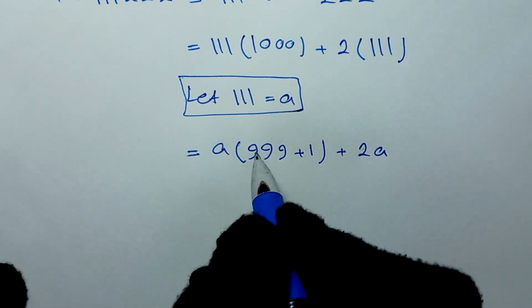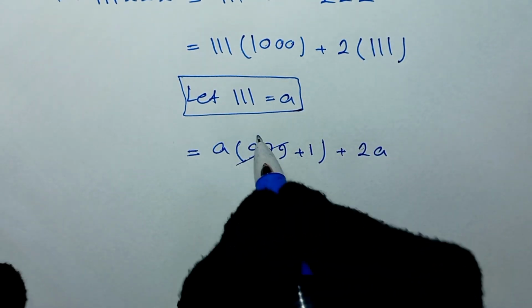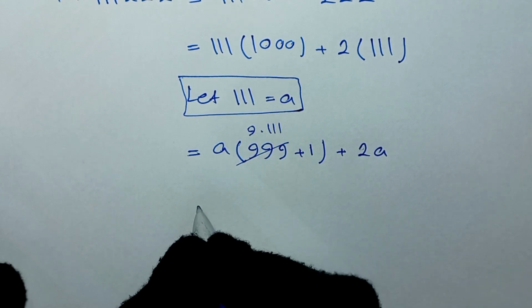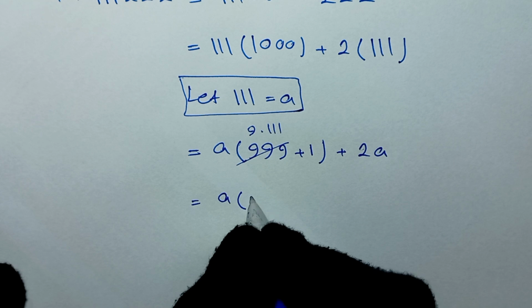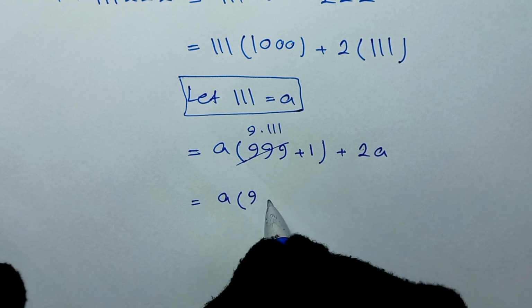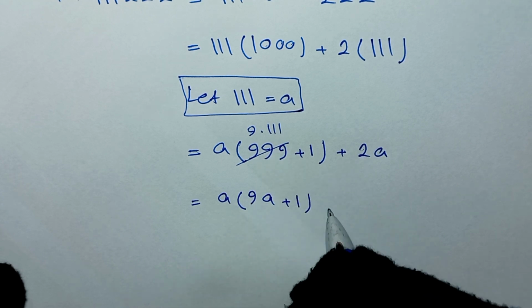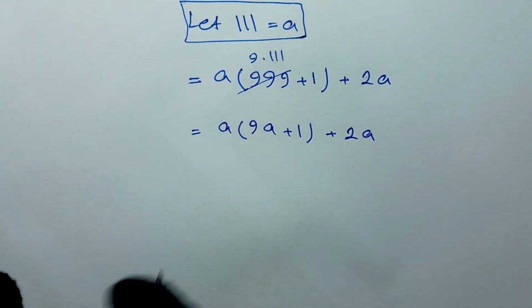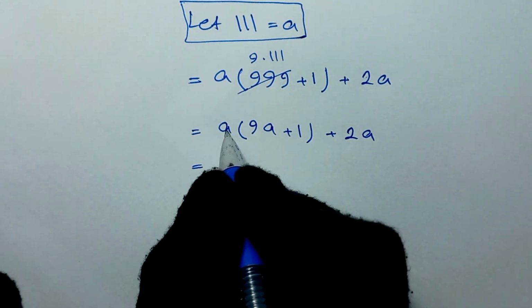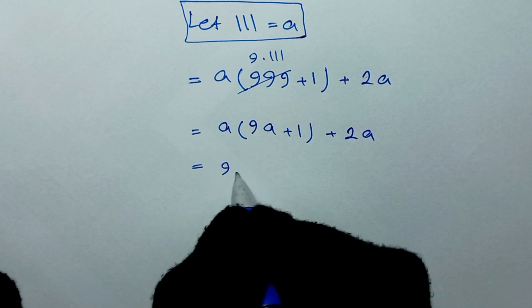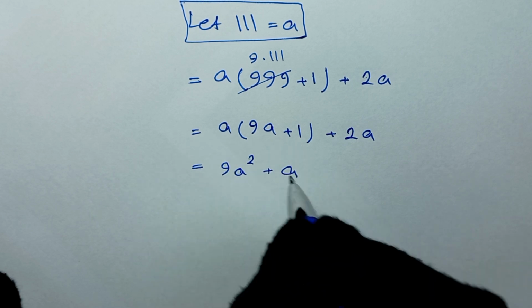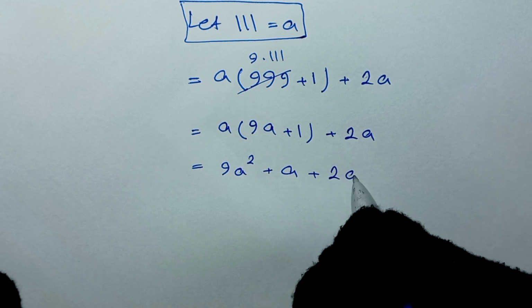And here, we can write 999 as 9 times 111, so this is equal to a times 9, and this is a. So, 9a plus 1, and plus 2a. From here, a times 9a is 9a squared, plus a times 1, which is a, plus 2a.